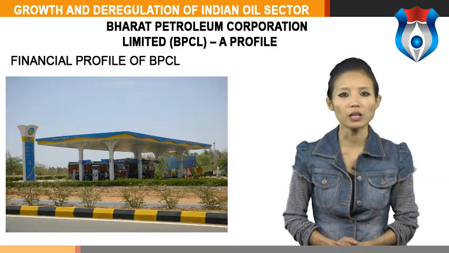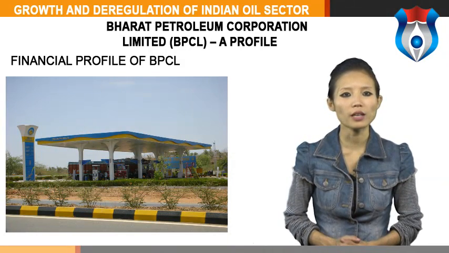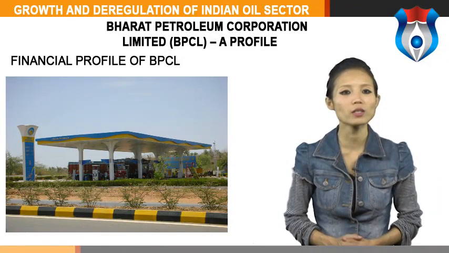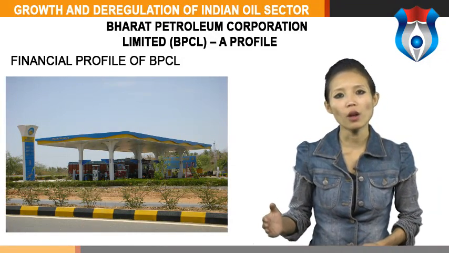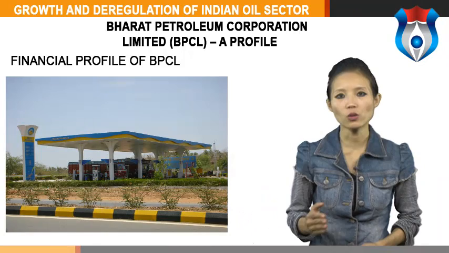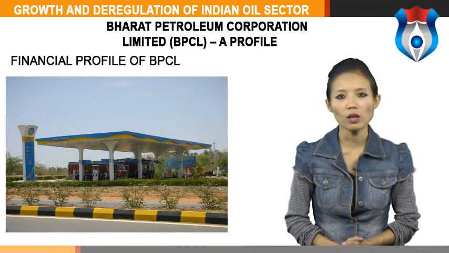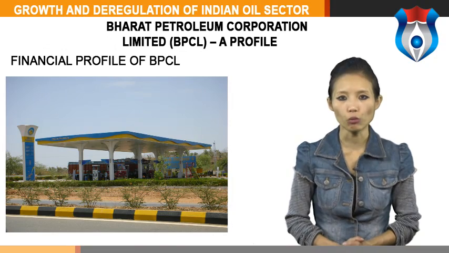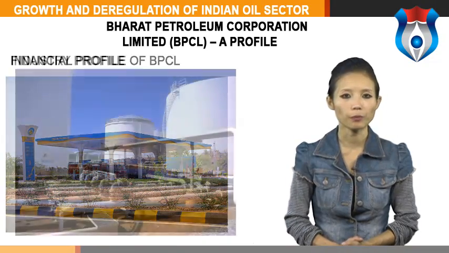Financial profile of BPCL: revenues declined but profitability improved. In 2009-10, BPCL's revenues declined to INR 1,221 billion from INR 1,359 billion in 2008-9 as international petroleum product prices contracted.